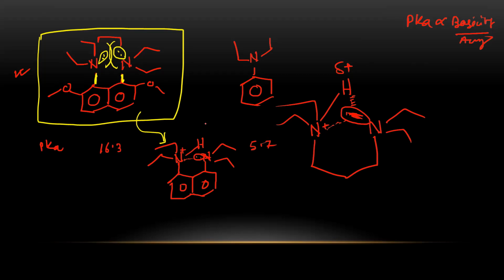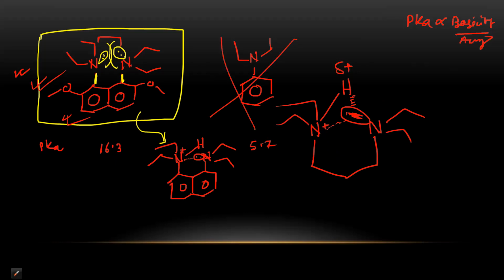So it was sad, it is now not just normal, it is very much happy. That's why this type of molecule has a very high tendency of abstracting protons. That's why this type of molecule is called a proton sponge. This is not a proton sponge. The first one is a proton sponge.